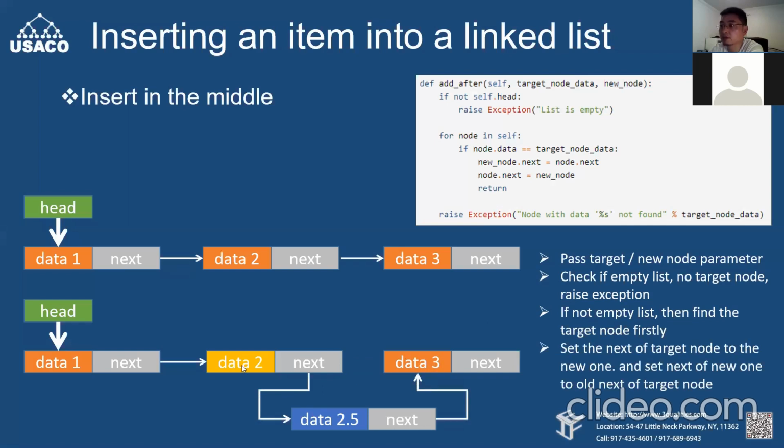Make node 2's next the new node. On the other hand, make the next of the new node be data 3. That's what these two lines of code are doing. Okay, repeat again.